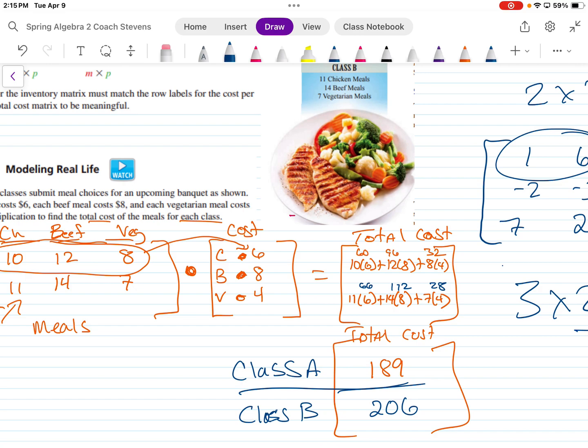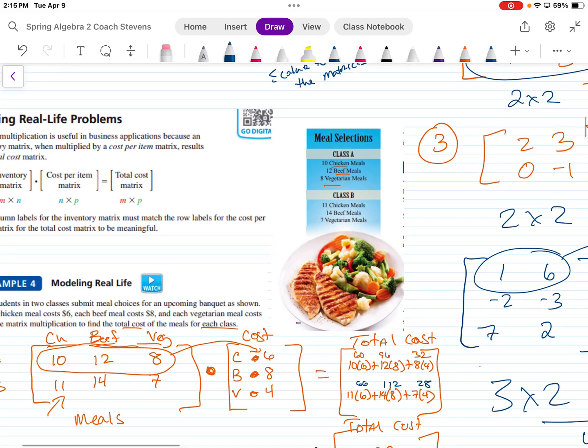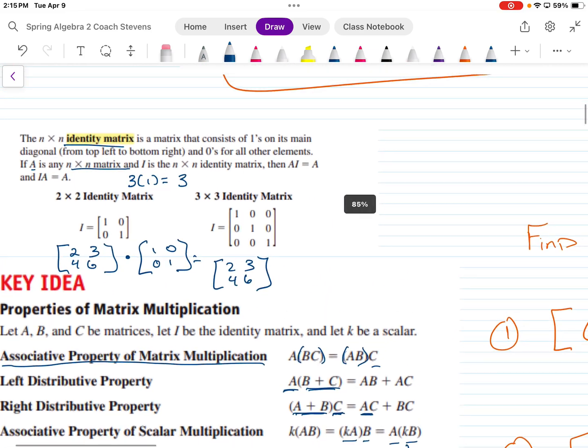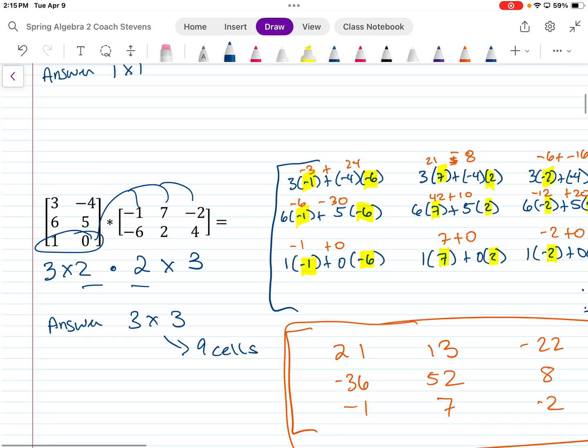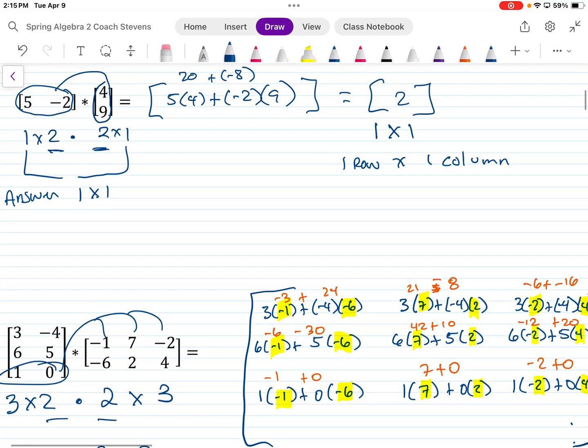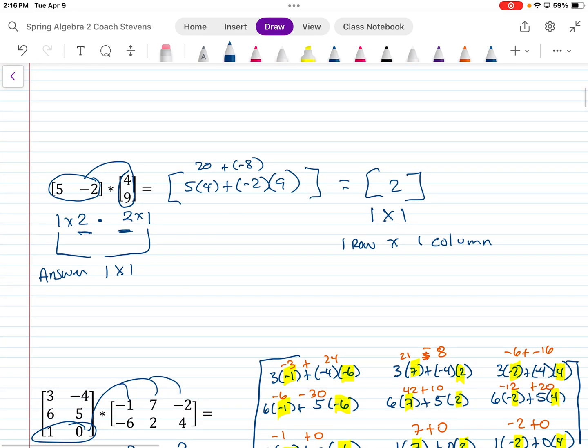And again, we got to remember that certain things can't be done in any order. Multiplication in this case is not commutative. I can't change the order of what I multiply when I'm multiplying matrices, for the most part, because if I change the order and my rows and columns don't match up when I switch them around, then I may not be able to multiply.